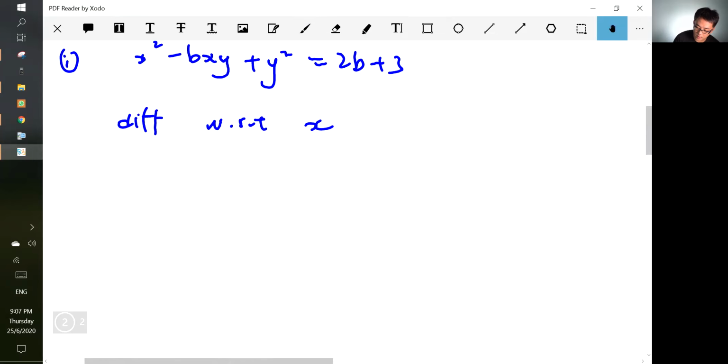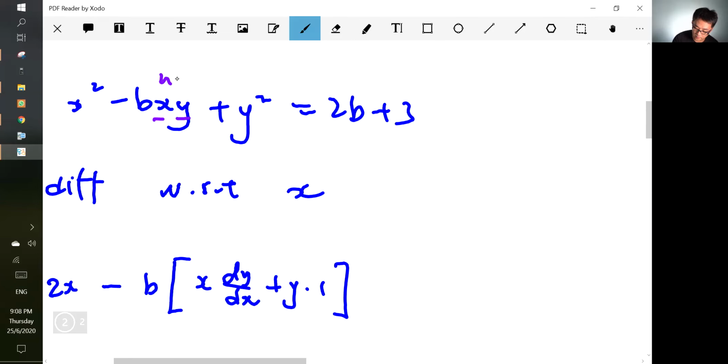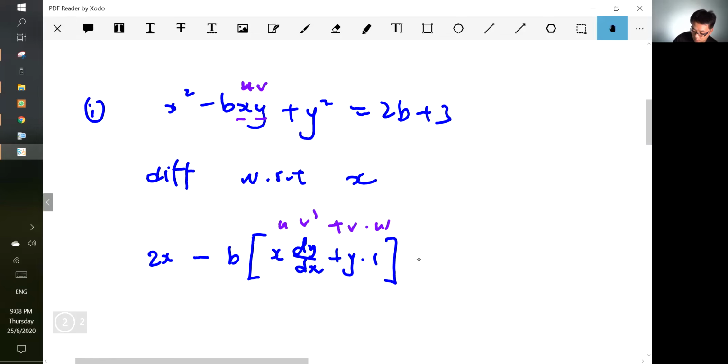So this will be 2x minus b x dy dx plus y times 1. Okay, this one you know. So basically this is u and v lah, u v prime plus v u prime, if you are confused. Then after that, plus 2y dy dx equals to 0.